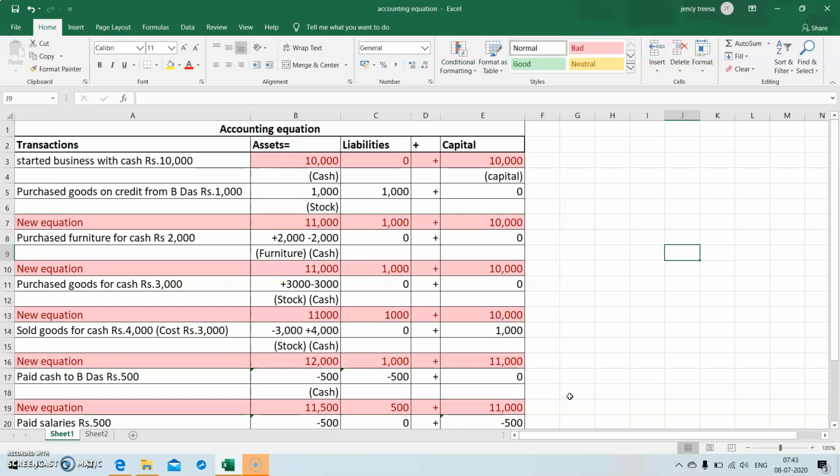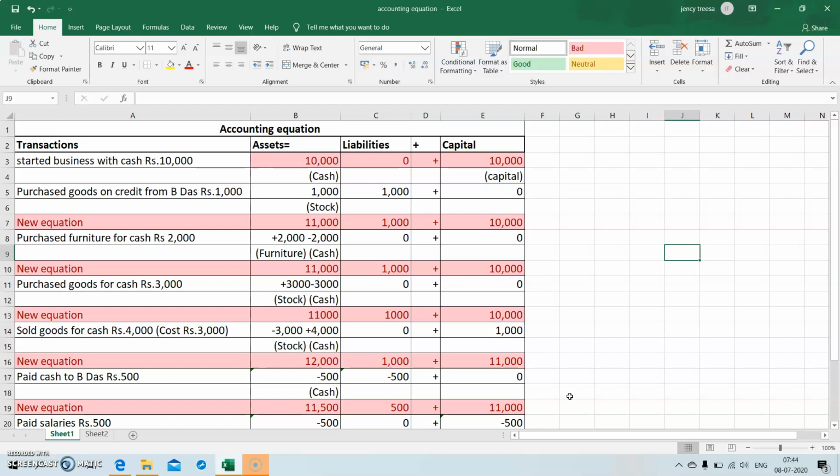From stock you will deduct only 3,000 because that is the value of the stock you sold, minus 3,000 from stock, and plus 4,000. You got 4,000 by selling it, no? So plus 4,000. No change in liabilities, but capital, profit is increasing. So profit has increased, so you will have to add it to capital.